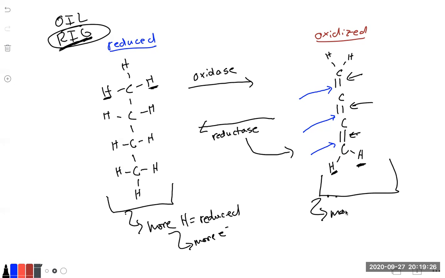So, more double bonds equals oxidized. Because it's lost those electrons but still needs to fulfill the octet of these carbons. And in turn, it's going to have less electrons or hydrogen atoms. The same thing.